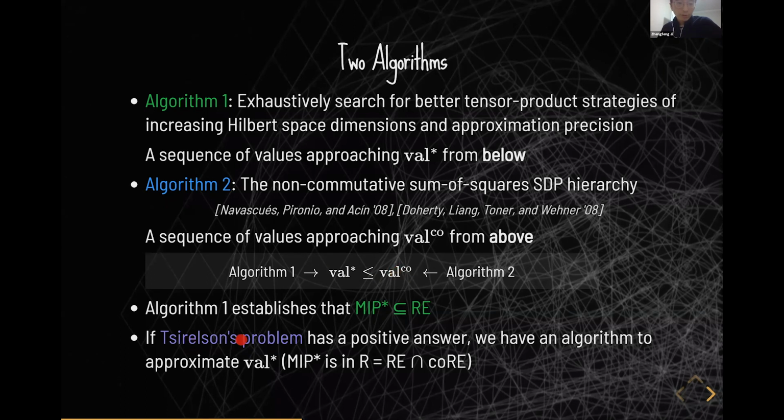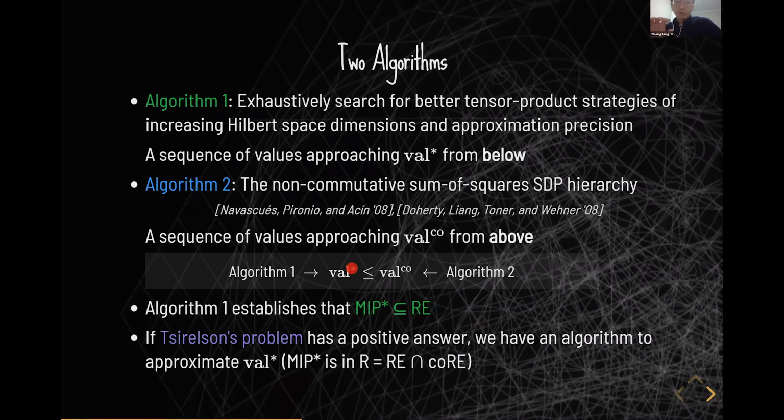So if Tsirelson's problem has a positive answer, but we don't directly attack this value other than with this known algorithm, then we have an algorithm for this entangled value that's defined as a limit of finite dimensional strategies.